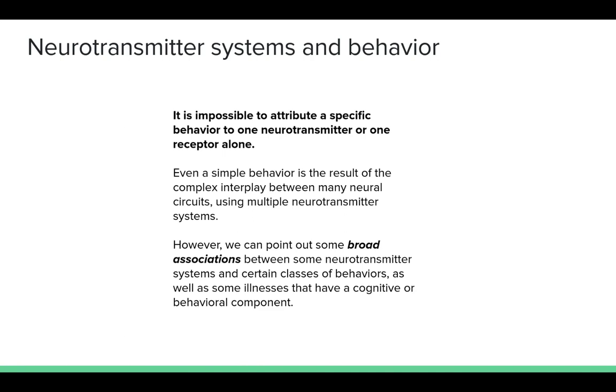In this next section, I just want to emphasize that what we're going to talk about here are very broad and general associations between some neurotransmitter systems and certain classes of behavior, as well as some illnesses that have a cognitive or behavioral component. But I don't want you to get the impression that there's a one-to-one relationship between certain neurotransmitter systems and certain kinds of behaviors.